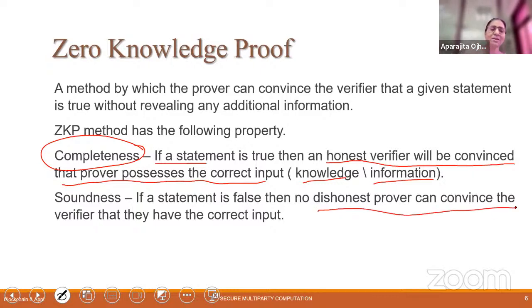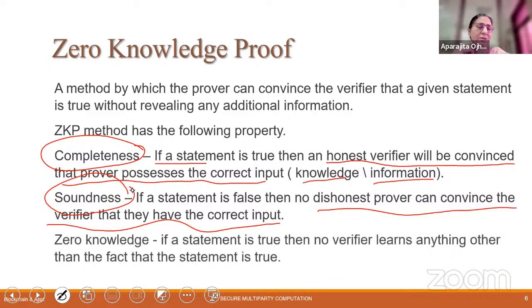That means no incorrect statement can be proved using the zero knowledge proof method. These are two important properties, completeness and soundness. A zero knowledge proof must have these essential properties.